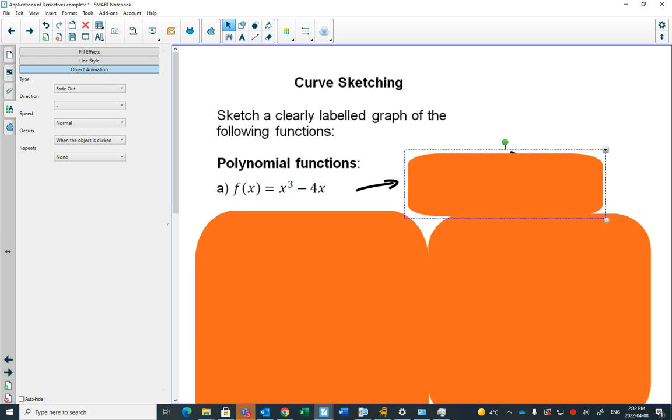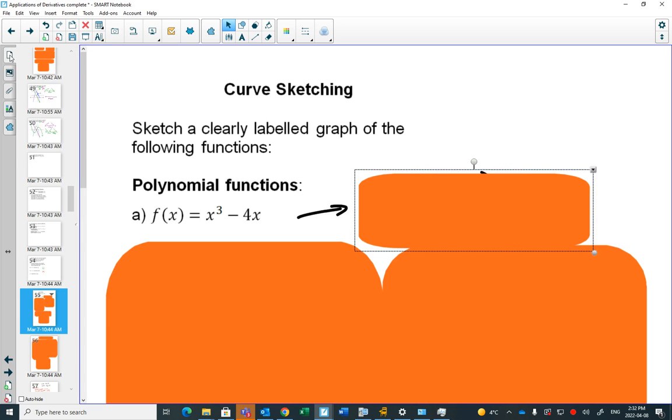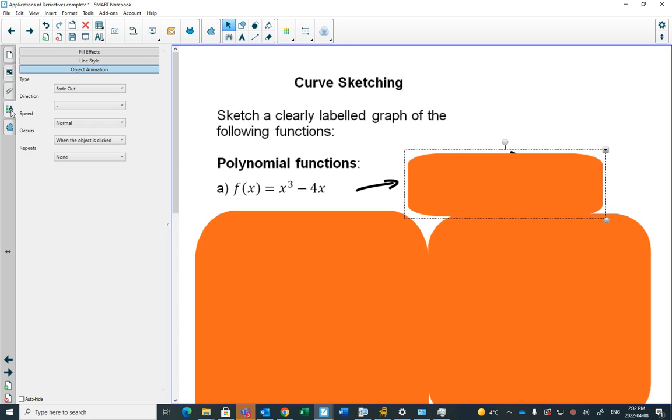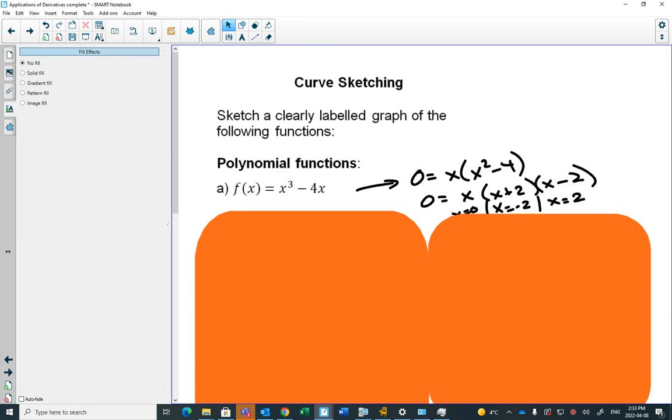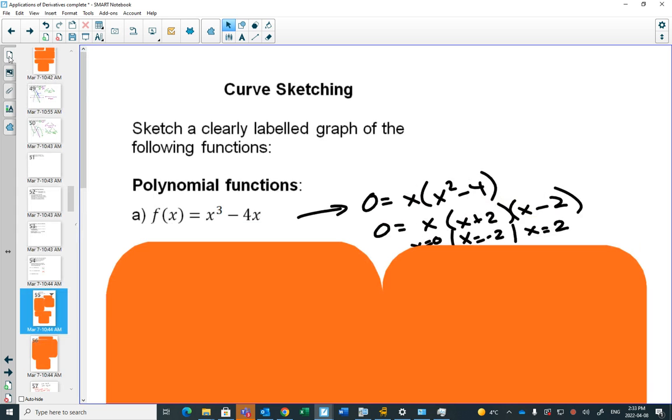Maybe. Uh-oh. Did I not make that one animate? No, it's supposed to animate. There we go. X-intercepts of 0, -2 and 2.